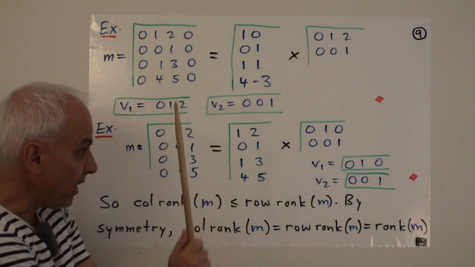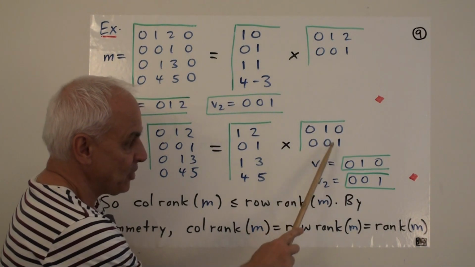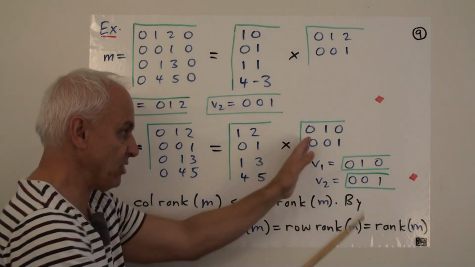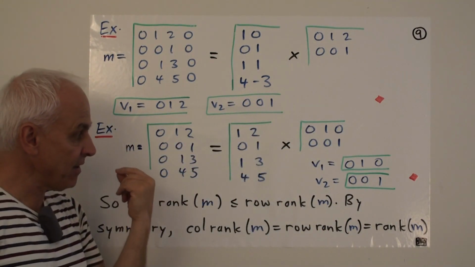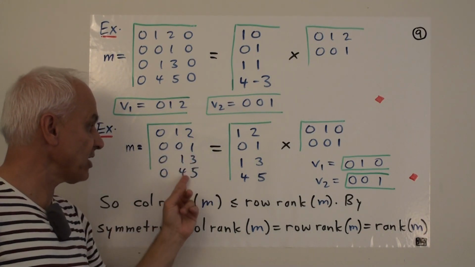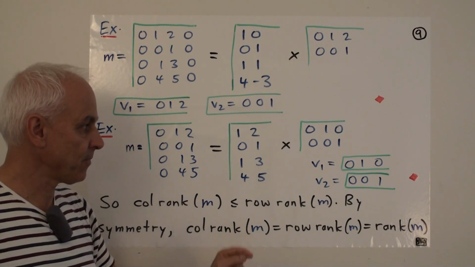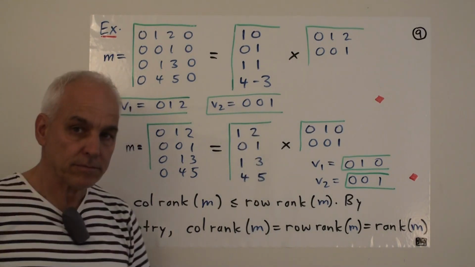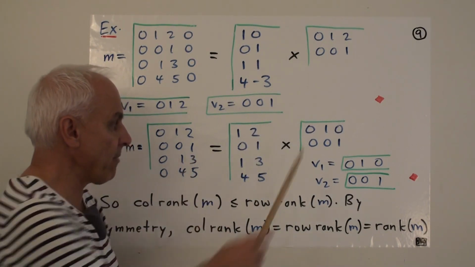So again, what we're seeing is that we've got our set of spanning vexils forming the right-hand matrix in this factorization, and the left-hand matrix is just recording the coefficients required to express the various rows as linear combinations of these. In particular, note that the number of columns here is always exactly equal to the number of rows here.